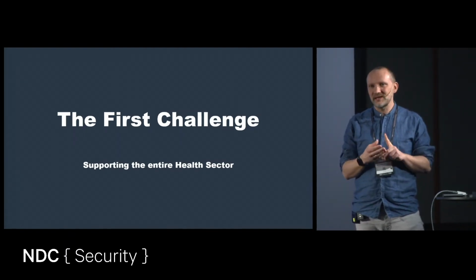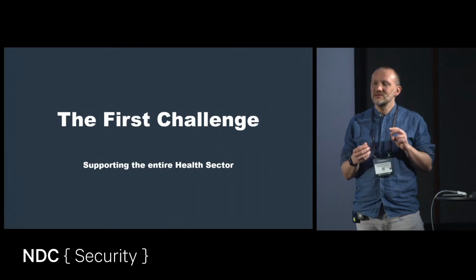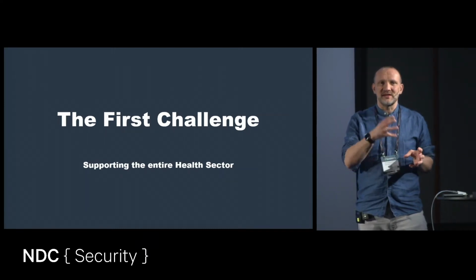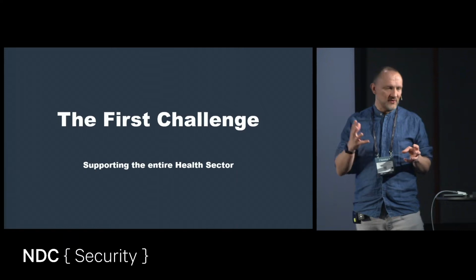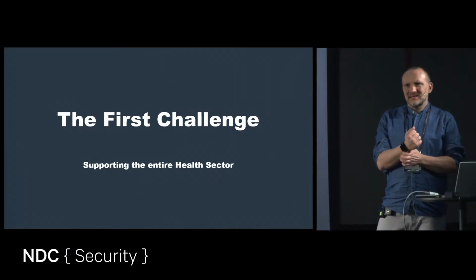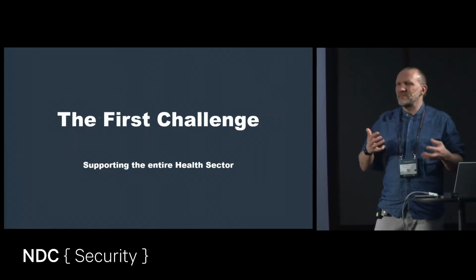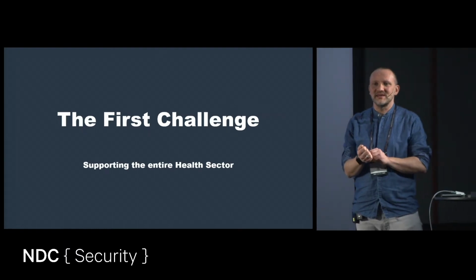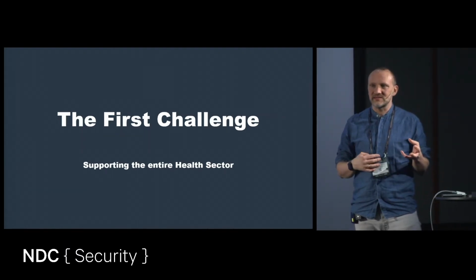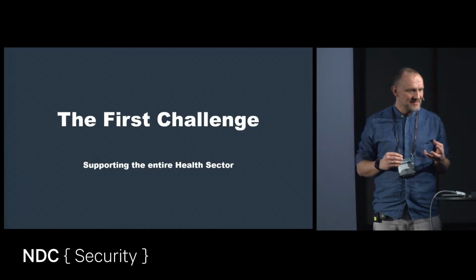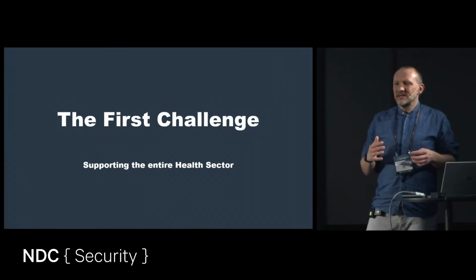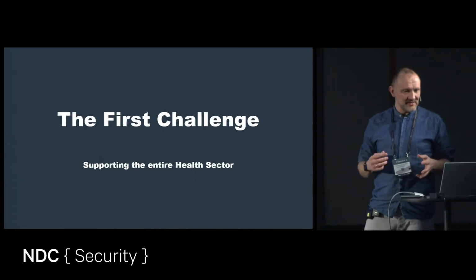For example, not all APIs need information about the user. So we need to not only support the OpenID Connect flows, but also the OAuth flows. And we're going to come back to this, but we have several requirements. How do we know where a person works, for instance? How do we handle that? And so we have many requirements.